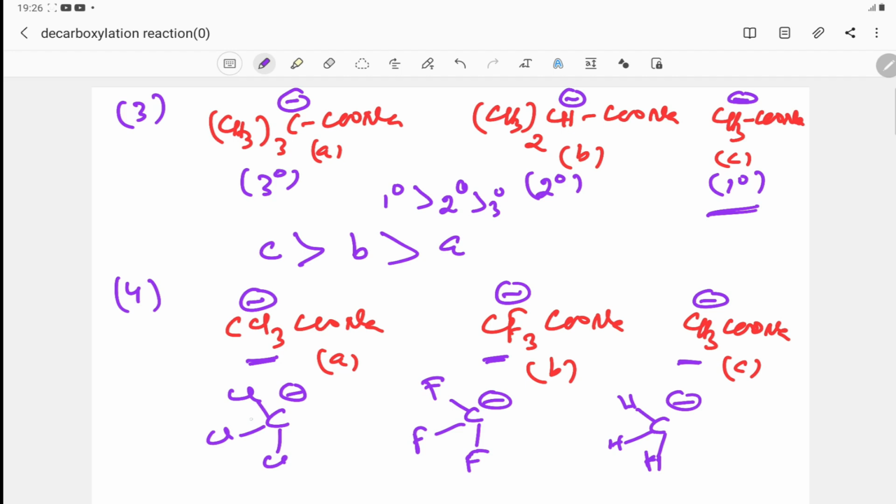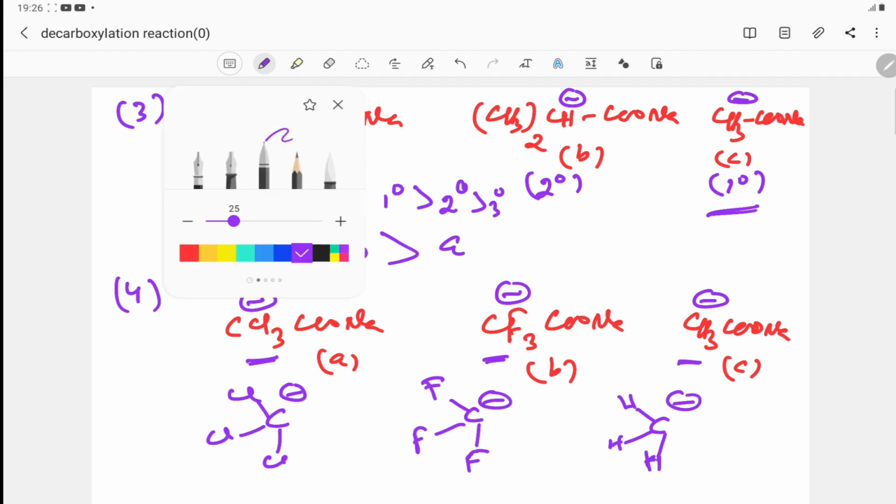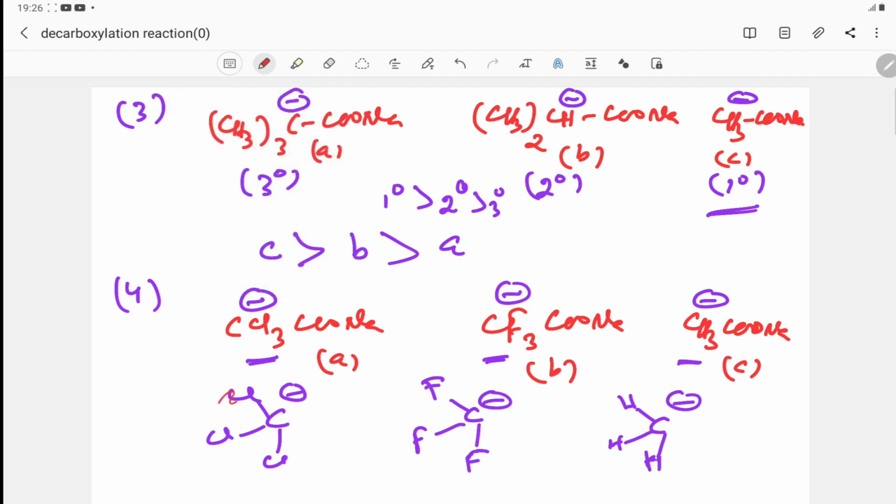d pi bonding is more. If you see the structure, chlorine has vacant d orbitals, and the lone pair of negative charge forms a pi bond. Back pi bonding is faster because chlorine has vacant d orbitals. That's why it is more stable than trifluoro, and then more stable than methyl carbanion.